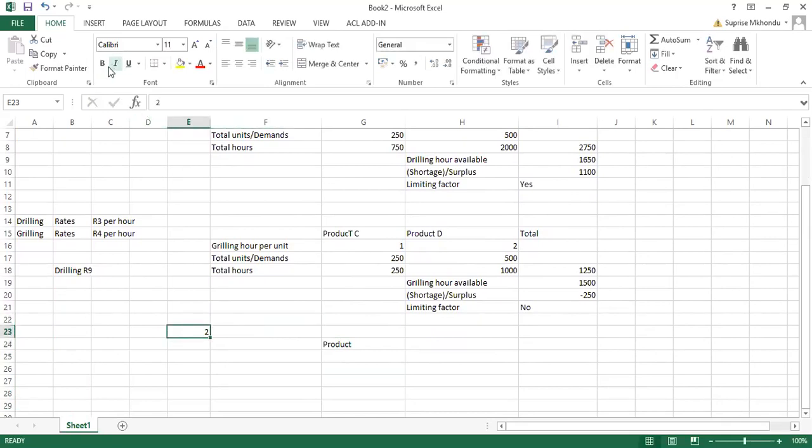Grilling hour per unit is 1 and 2. Let me see, 4 divided by 4, and then the other one 8 divided by 4. But you need to understand why we say 4 divided by 4.